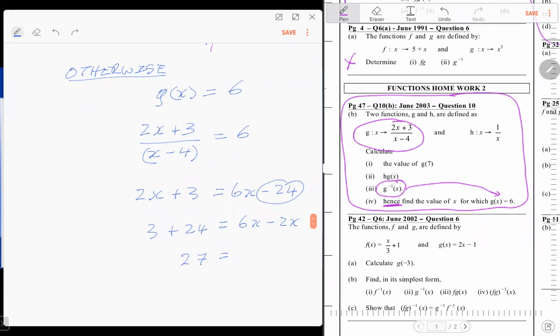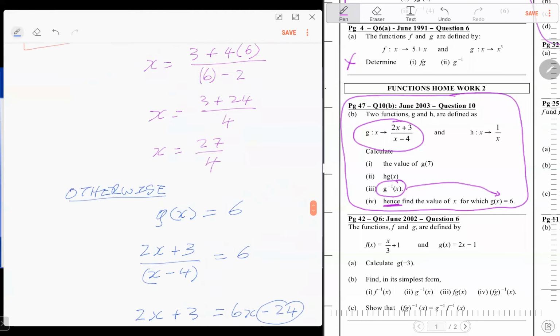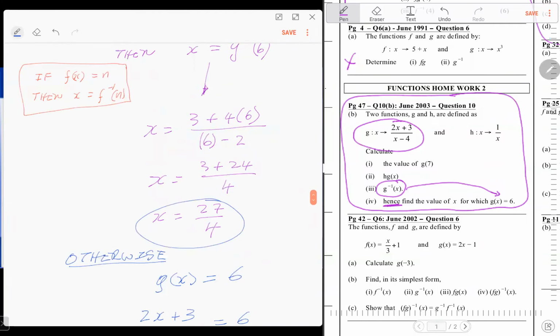Then to leave x as the subject, I divide by the 4, and so x is left equal to 27 over 4, which is the same thing we have here.